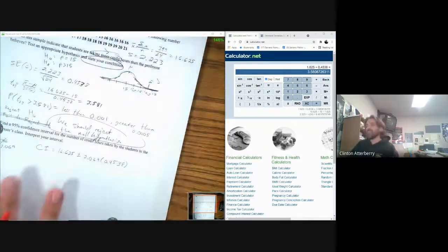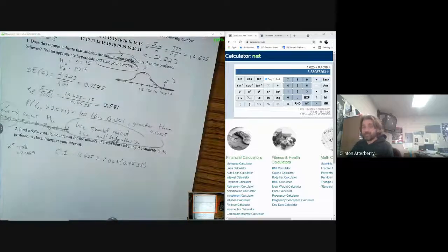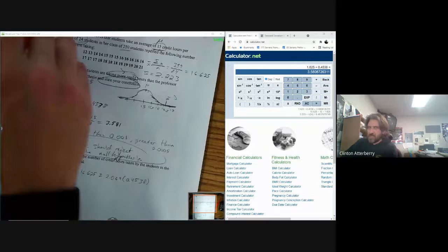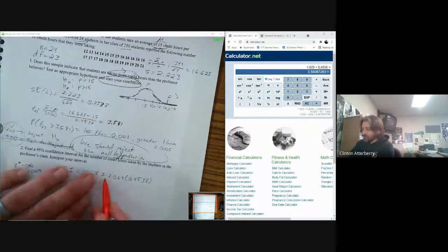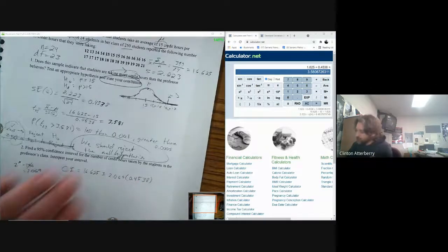So when I multiply all that together, I should get an interval. In that interval, I should capture the true average. So 16.62 is probably not the true average of all 250 students, but it should be close. How close? Plus or minus this close.